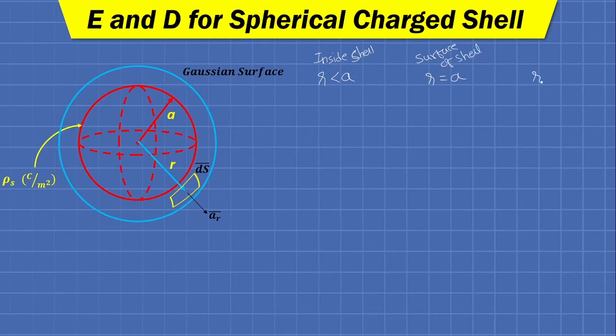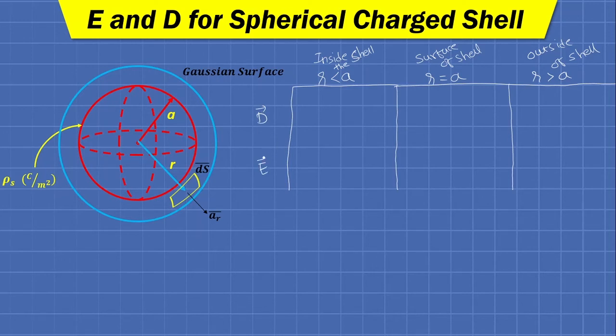And the third one was r greater than a, that is outside the shell. Okay, so three areas of interest for which we have discussed the things up till now, and two quantities, flux density and field intensity.